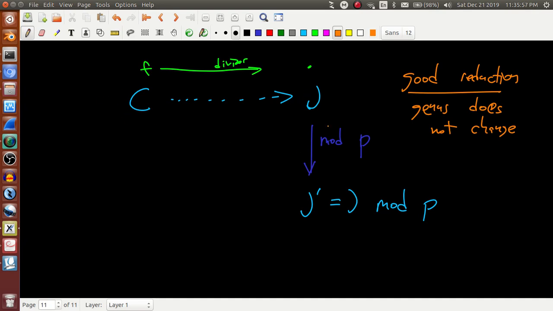That gives you good reduction here on J. If the genus does not change, then any element in this J here, if it has a finite order, call it n, then the order of the corresponding reduced element is going to be n divided by some power of p, the characteristic.